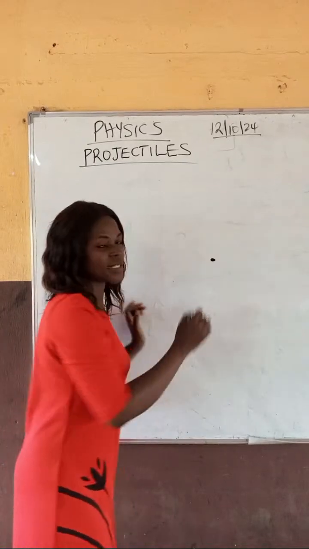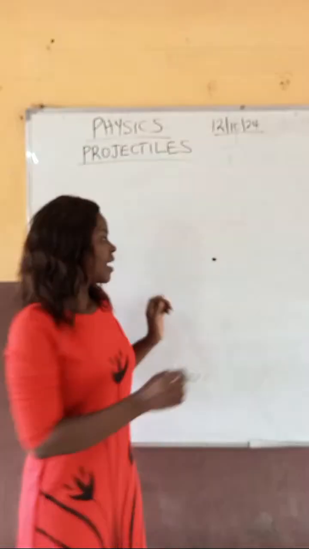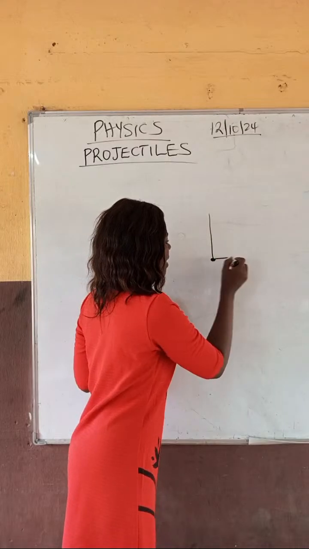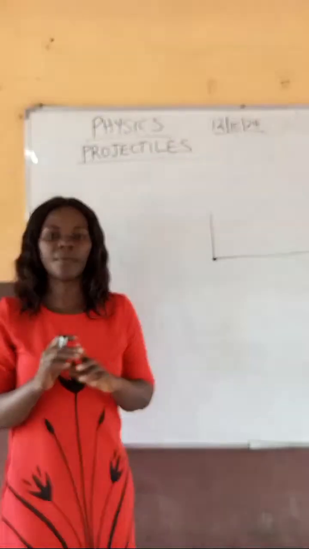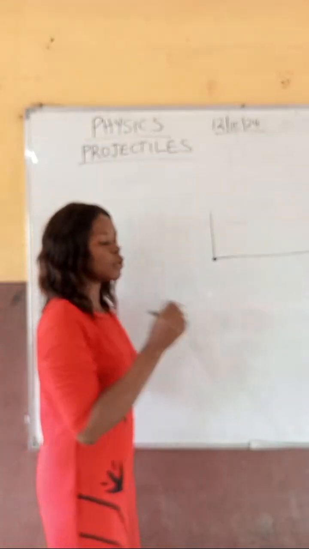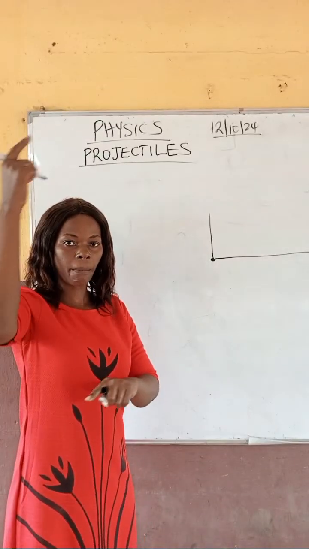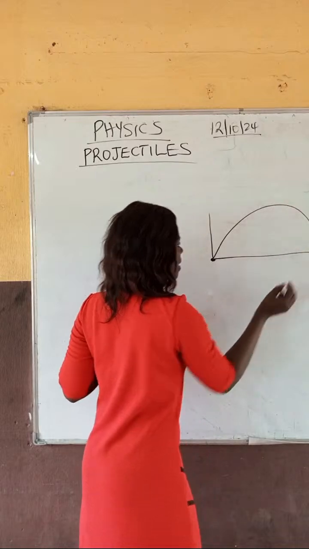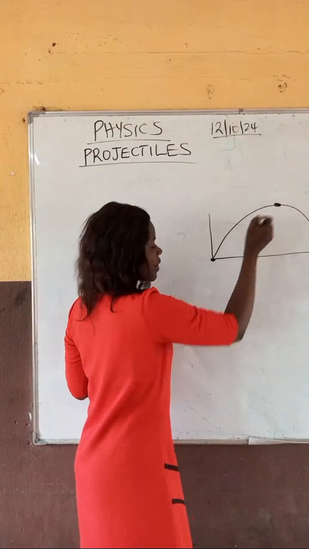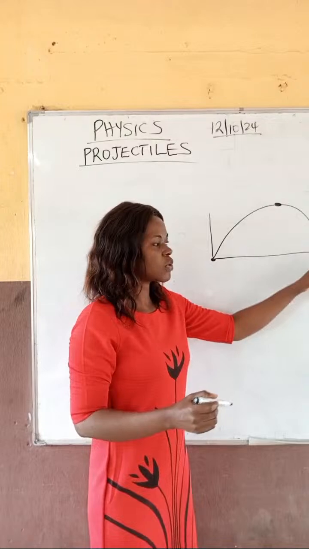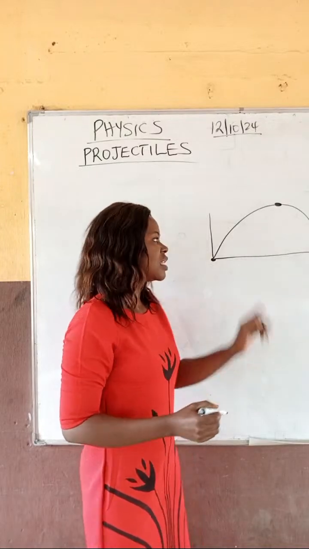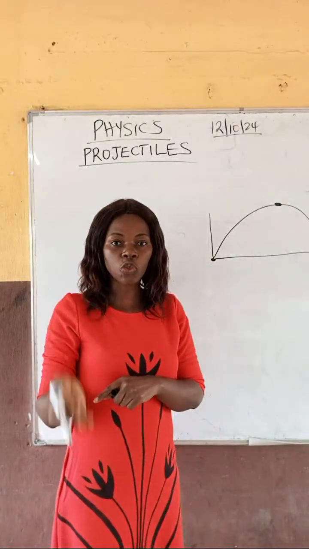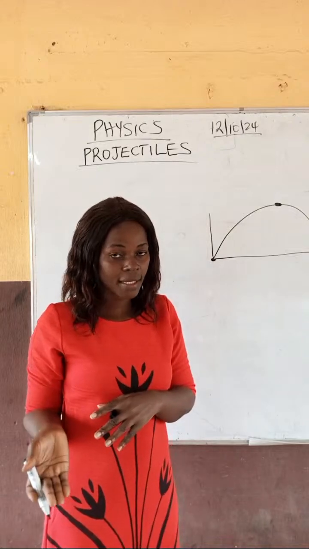An object is here, this is the horizontal ground. If you throw a football up, it's going to move and go to this certain point, then it returns to the ground. This object that is being thrown is said to be a projectile.